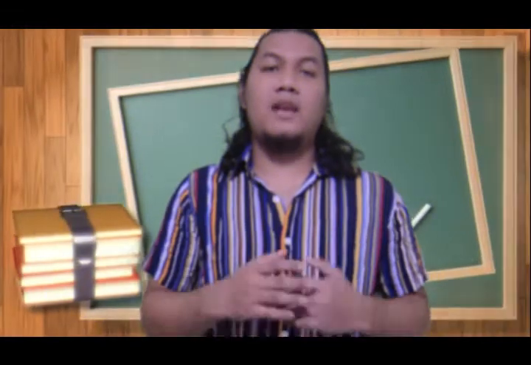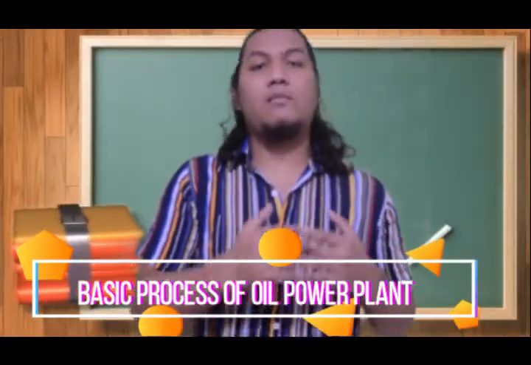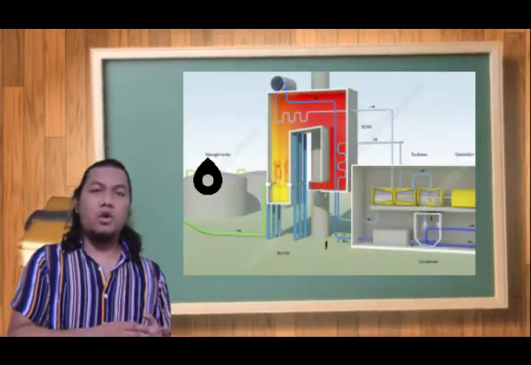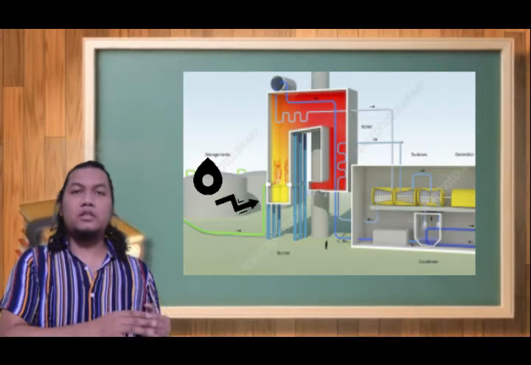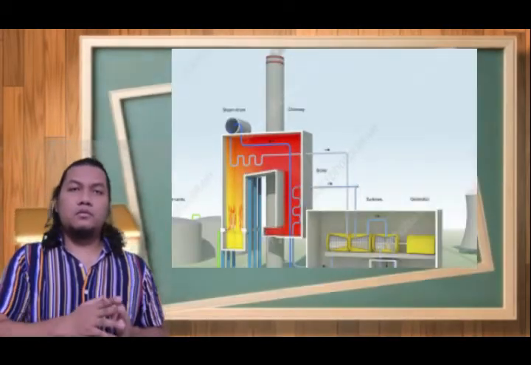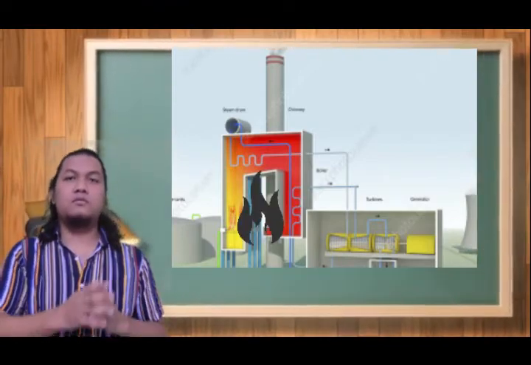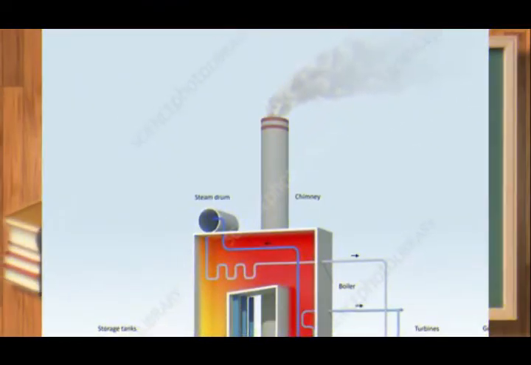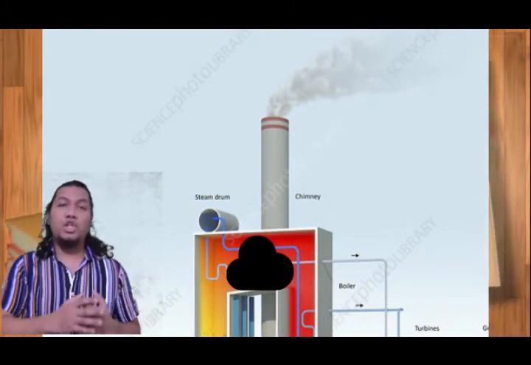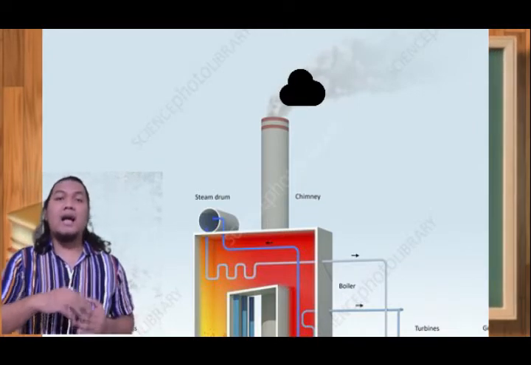Now, let's talk about the basic process of an oil-fired power plant. Oil from the storage enters the burner or boiler section, and this is where it will be burned. The waste gases and smoke from burning the oil will exit through the chimney.